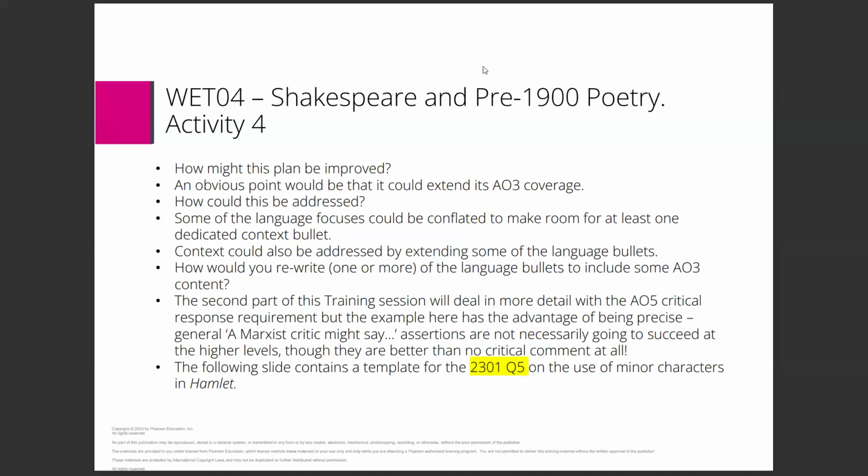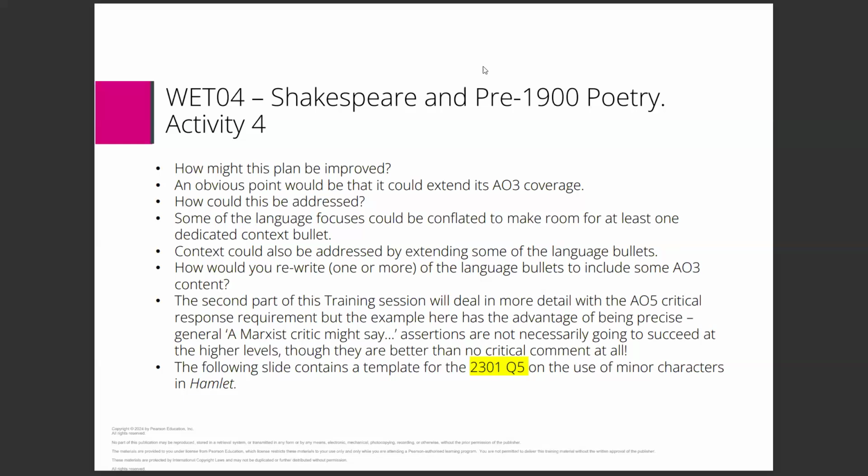So thinking about how that plan could be improved, one thing that may appear to be missing is the coverage of AO3. And we're thinking about how we address those contexts in our plans, in our responses. Language points could be conflated. So we could take points about setting and characterization and place them together underneath elements to do with crafting.